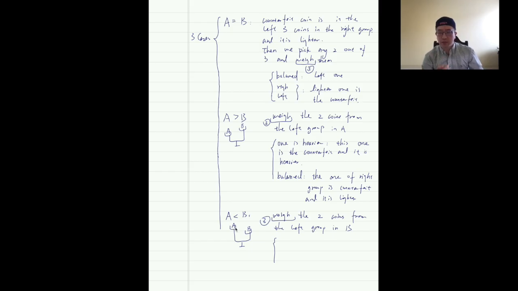Now there's only one possibility: one is heavier. They cannot be balanced. So in this case, this one is basically the counterfeit, and it is heavier.